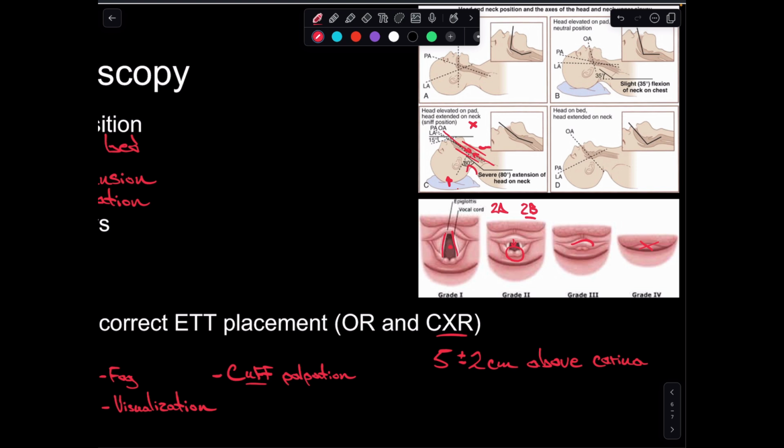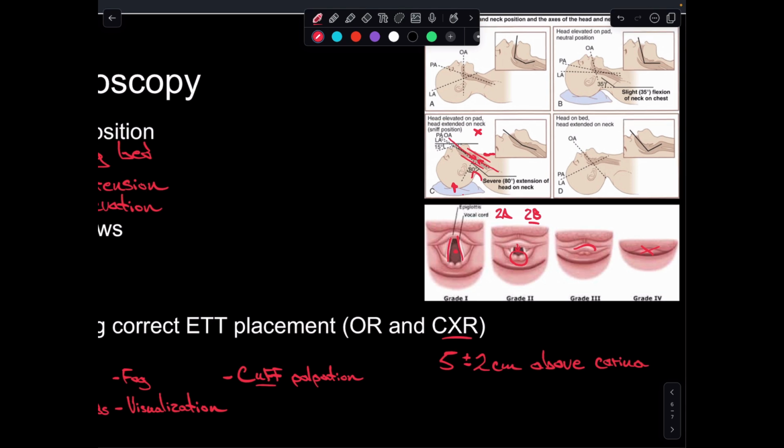If you have it too shallow, then you're at risk for accidentally extubating the patient. If you have it too deep, and it's resting on the carina, that's extremely activating, painful. Or you could also risk a mainstem intubation and then only ventilating one lung.